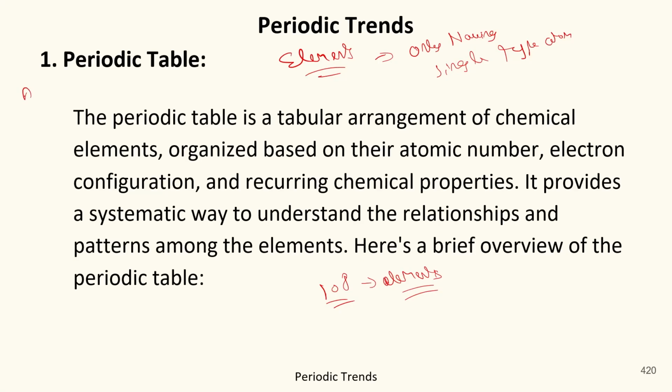And every element is different in terms of properties, whether these properties are in the physical form or in the chemical form. The elements differ, okay? And today we have 108 elements.